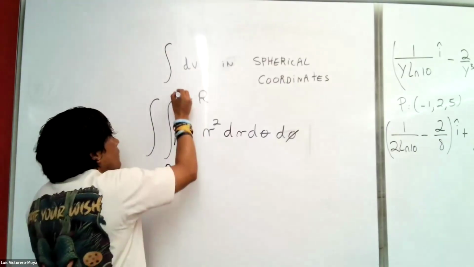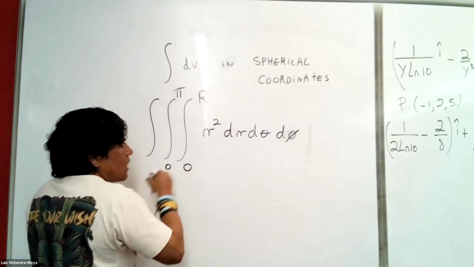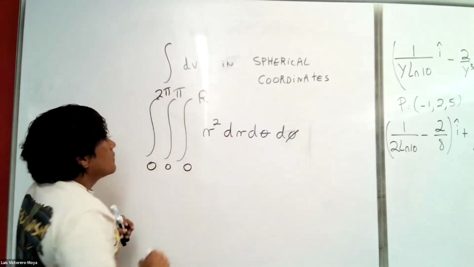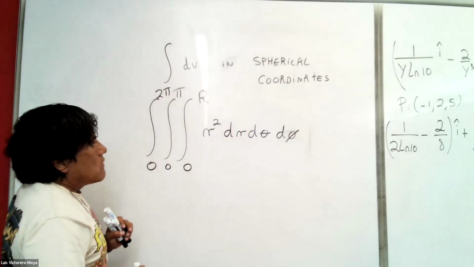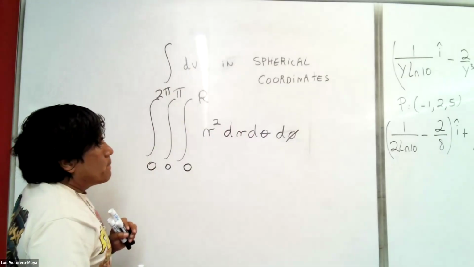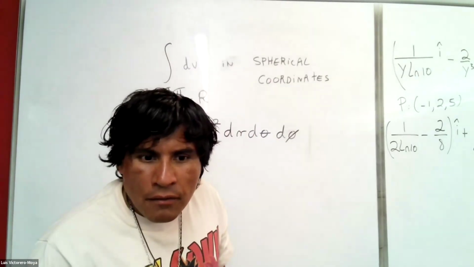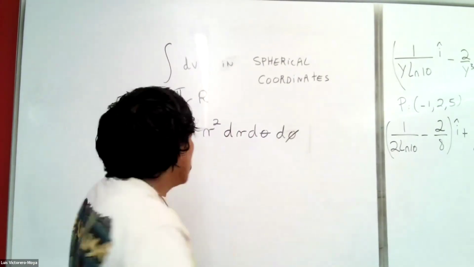And phi is the angle that was on the ground. Oh, I forgot, there's a sine there, my bad.